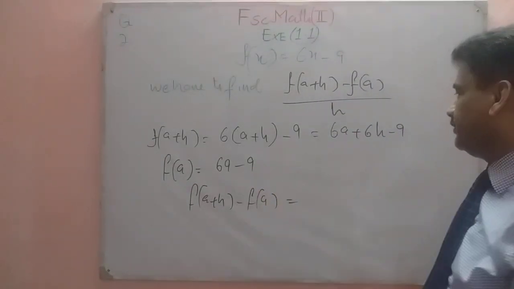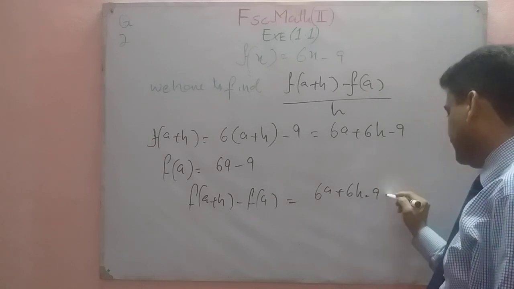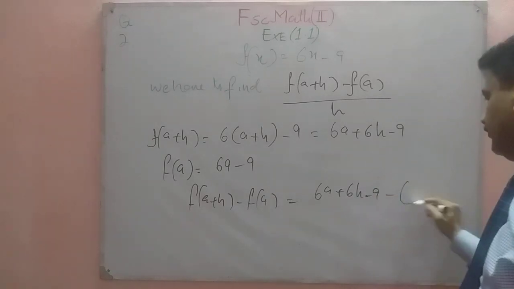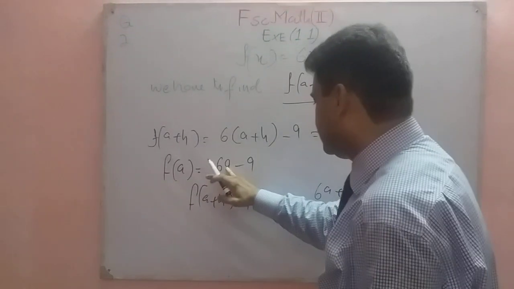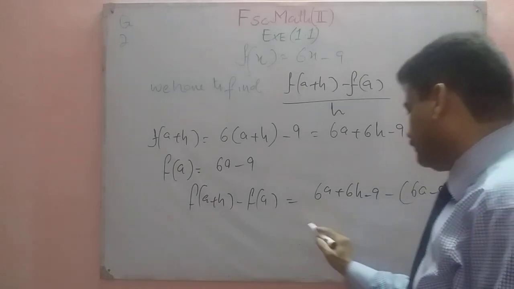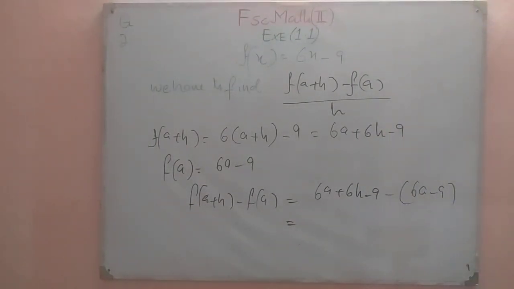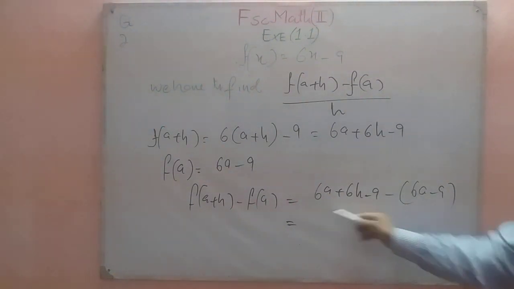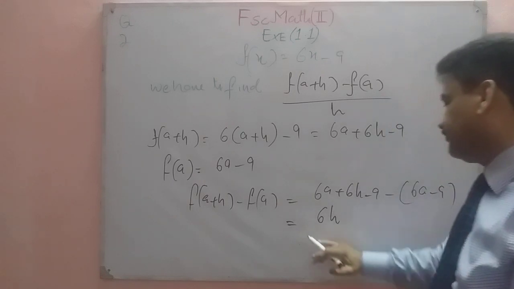F of a plus h will be 6a plus 6h minus 9, minus the value of f of a, which is 6a minus 9. After simplification, we cancel 6a minus 6a, and we will get only 6h.